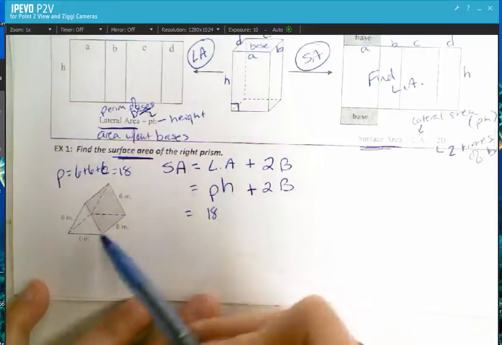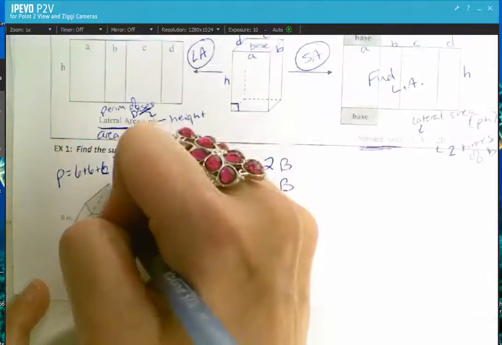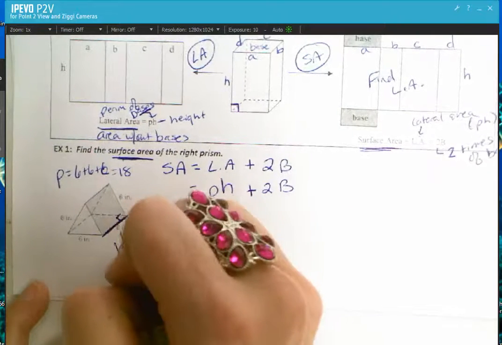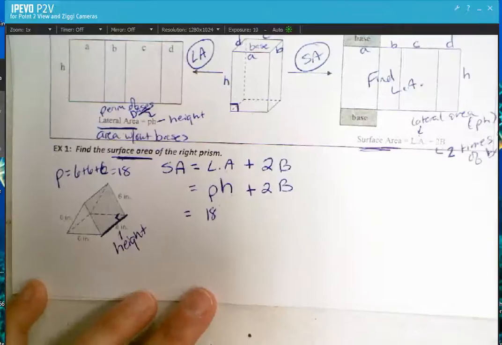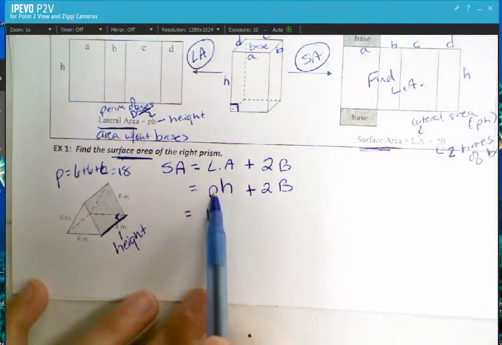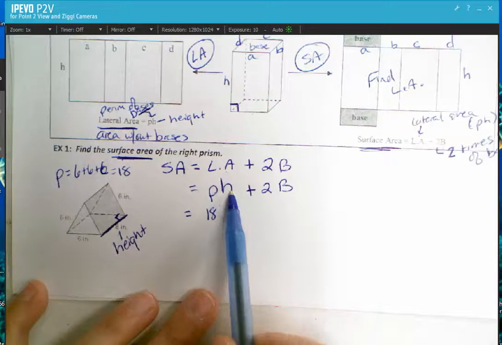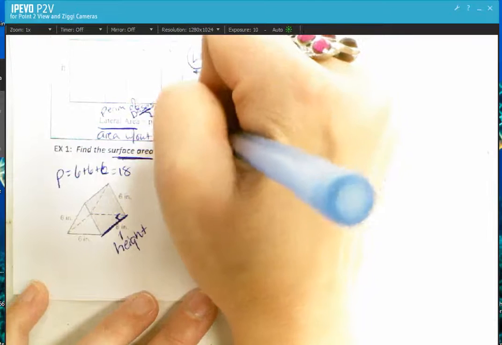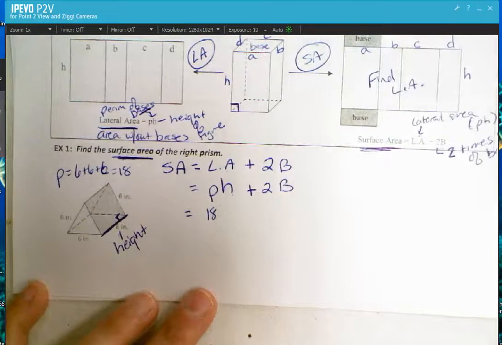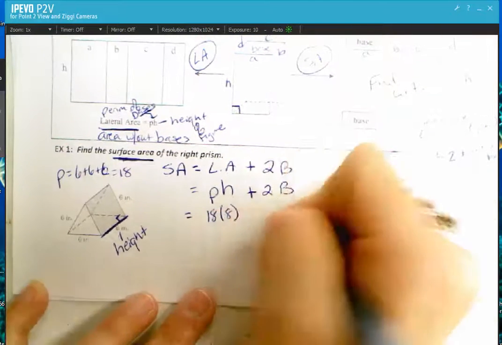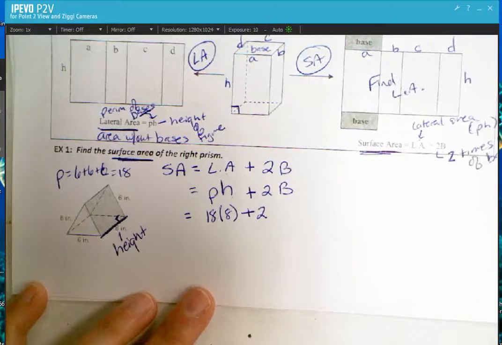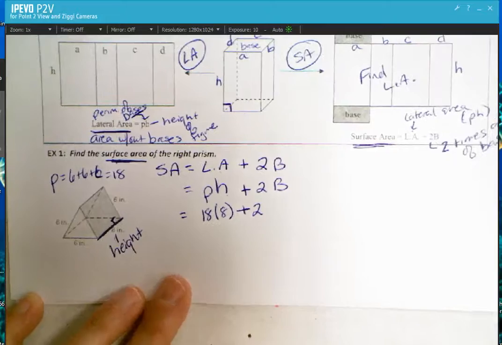The height of the prism is the perpendicular distance between the two bases. This is my height. So we got to get in the habit of identifying some stuff first. It's perimeter of a base, height of the figure. So I'm going to do height of figure up here. Okay, so I know my height is 8 plus 2 times the area of the base. I don't know what my area of the base is, so I need to go figure it out.